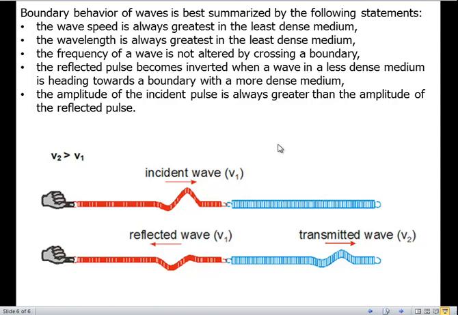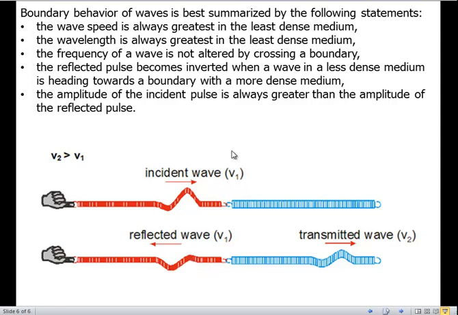The reflected pulse becomes inverted when a wave in a less dense medium is heading towards a boundary of a more dense medium. And in my diagram here, what we can see is the wave that's approaching this boundary has a positive peak, followed by a negative trough, and when it goes back again, it's led by the trough and followed by the peak.